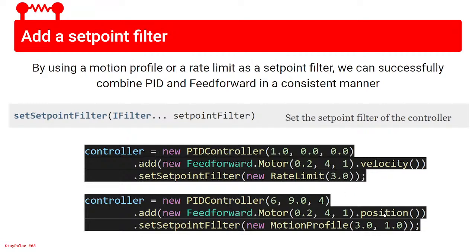For the position controller, which I know because I'm using dot position for the feed forward, also, if I was just coding this myself, I'd have to make documentation that this is a position controller. That would be a good idea. But then dot set point filter, and I use a motion profile, which will take in the maximum velocity and a maximum acceleration here, where this is just maximum acceleration because you already have a velocity set point.